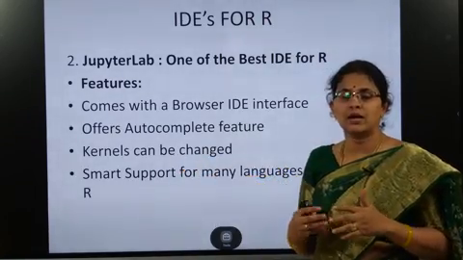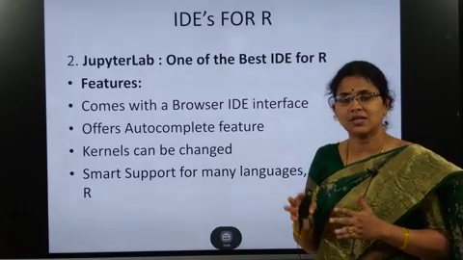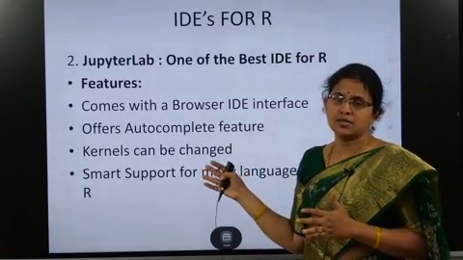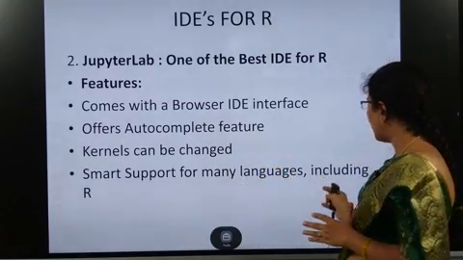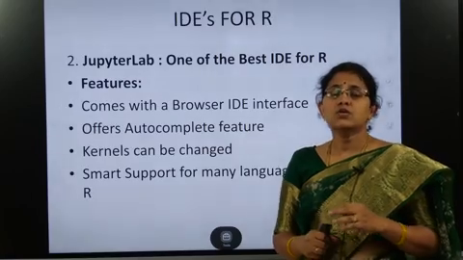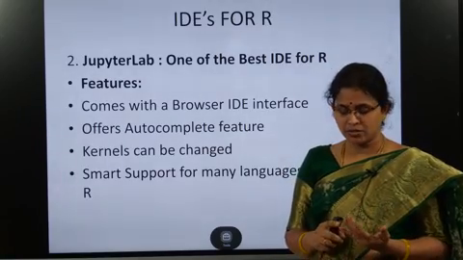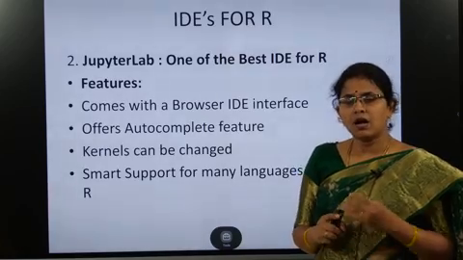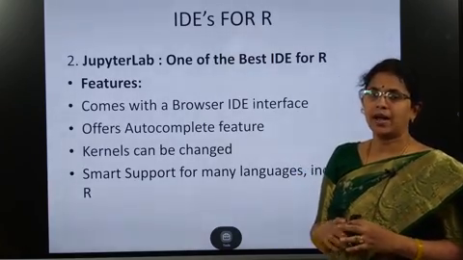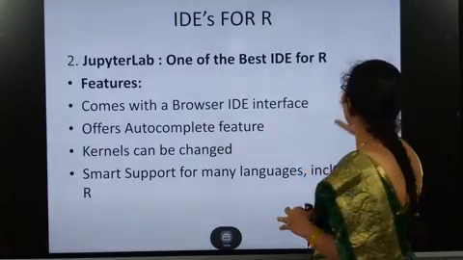If you want to change the kernels of the system, that is also possible in this IDE platform. And next one is smart support for many languages including R. It supports many programming languages. If you take Java, Python, C, C++, all these are supported by Jupyter Lab.